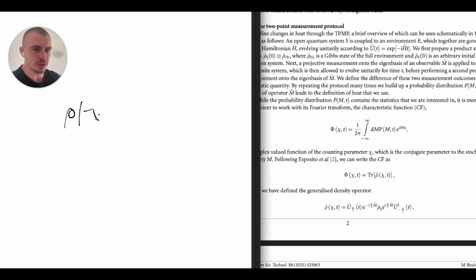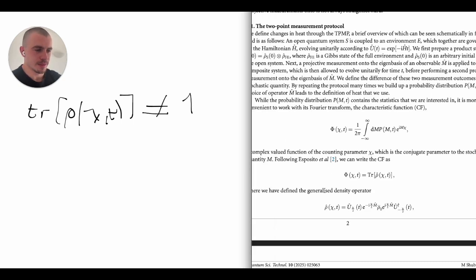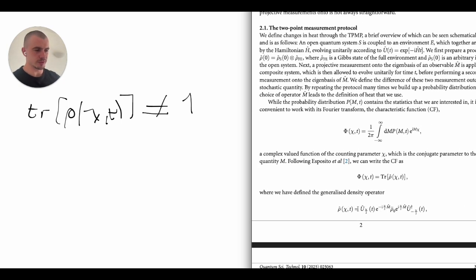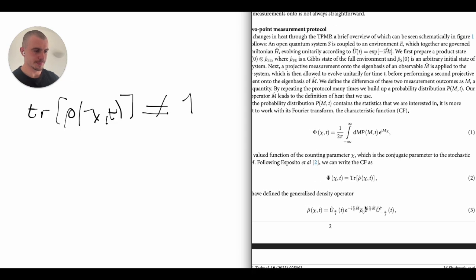So rho of chi and t is a generalized density operator, and what we're going to mean by that is that its trace is not necessarily equal to 1. So it's not a true density operator, but it is going to evolve kind of like one. And that's going to be important and useful. So the particular form of the generalized density operator is given down here in equation 3.